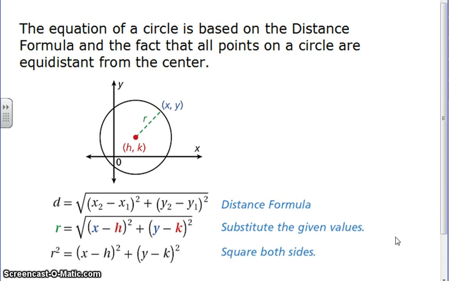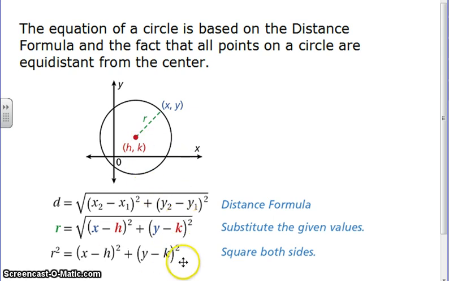So here, the equation of a circle is based on what you just practiced, the distance formula, and the fact that all points on a circle are equidistant from the center. So if the center is called (h, k), any point on the circle would be a radius away from (h, k).